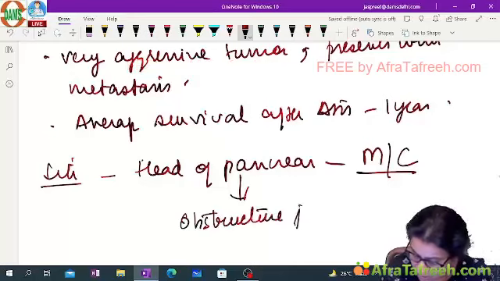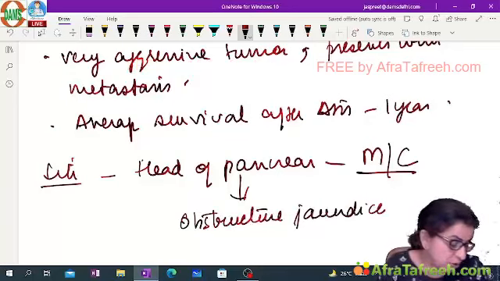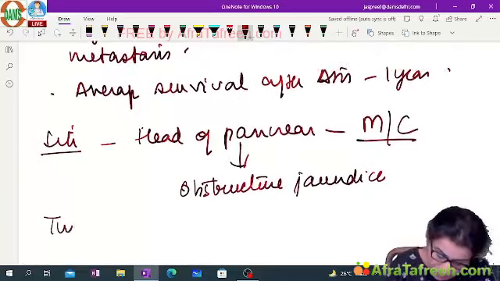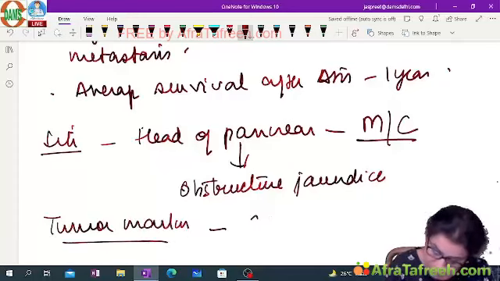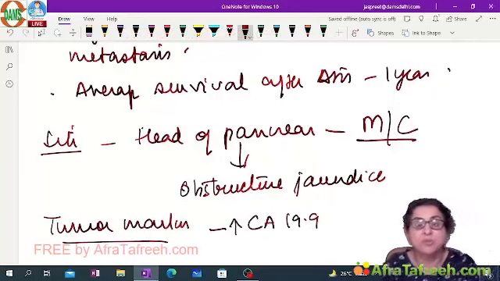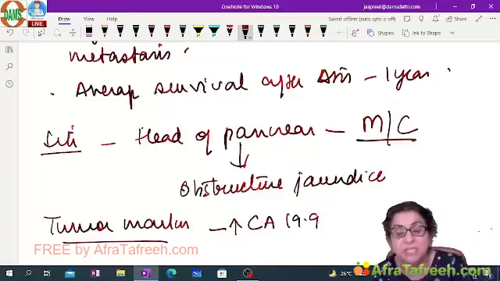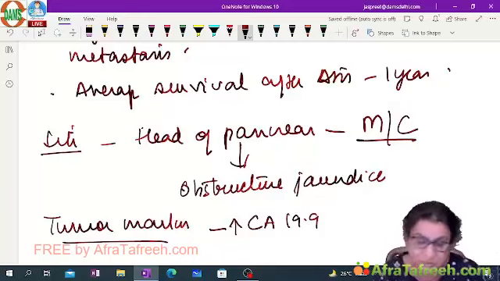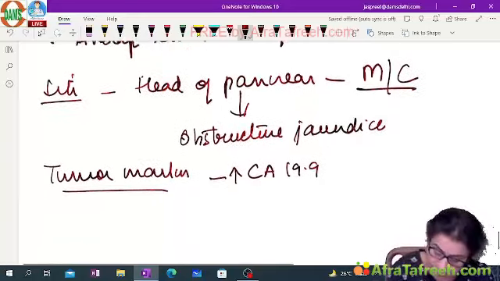The tumor marker is CA 19-9. CEA may also be increased, but CEA is less specific. More specific is increased CA 19-9.